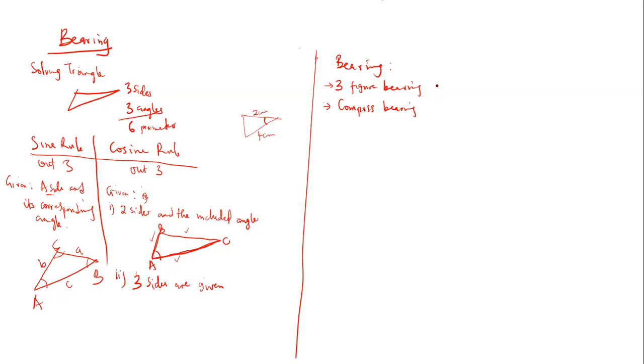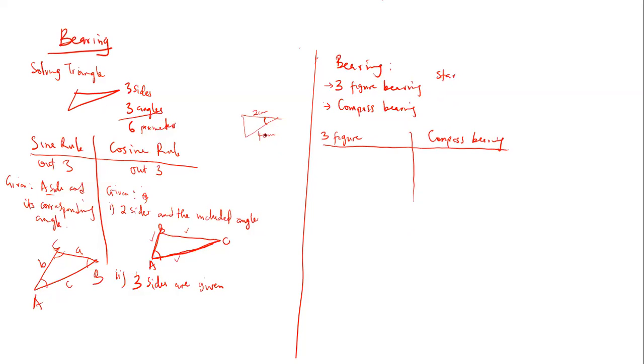And we said in 3-figure bearing, we start from the north. Let me also tabulate that one too. When we have 3-figure bearing, we also have what we call compass bearing.